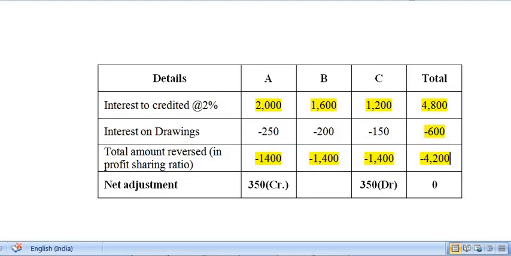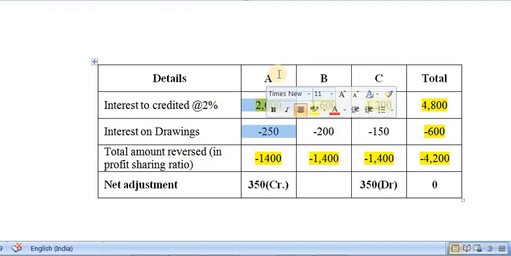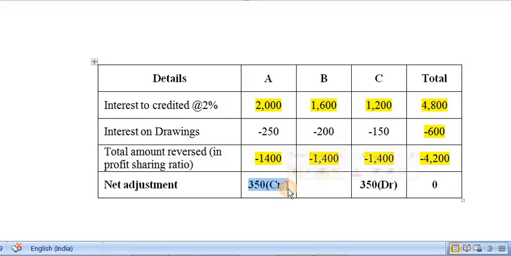Now you can pass the journal entry. Journal entry is this. A debtor 1,400, B debtor 1,400, C debtor 1,400, step 1. Step 2 is this and this together. That means A should be credited with 350.